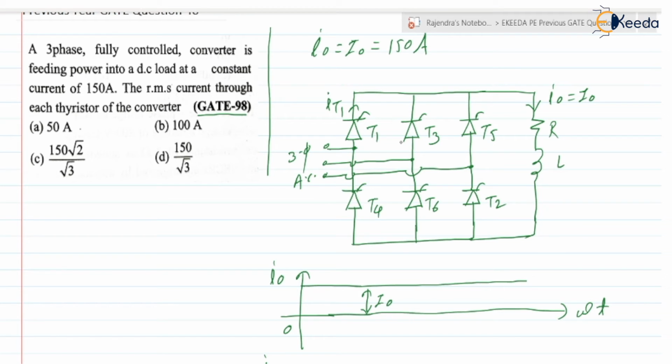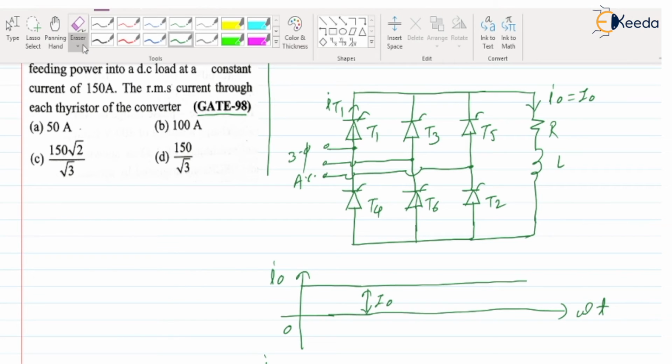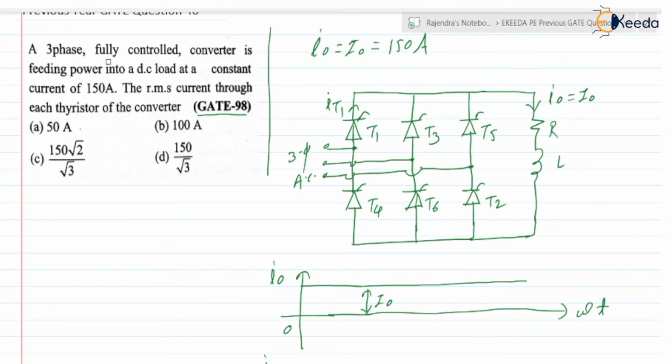When T1 and T6 are in the on state, IT1 is equal to I0 only. When T6 turns off and thyristor T2 is turned on, the current flowing through thyristor T1 is again IT1 equal to I0 only.